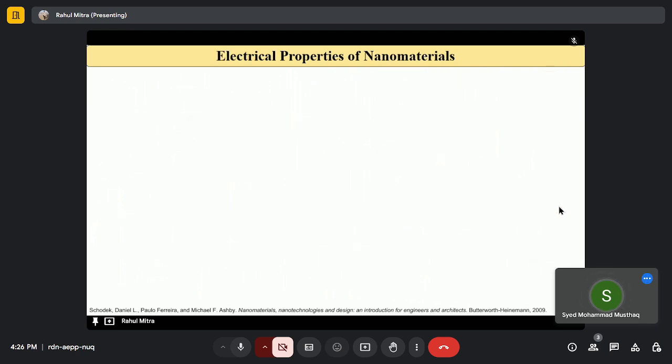Now coming to the phonons. Phonons are collective oscillations of atoms. Right?